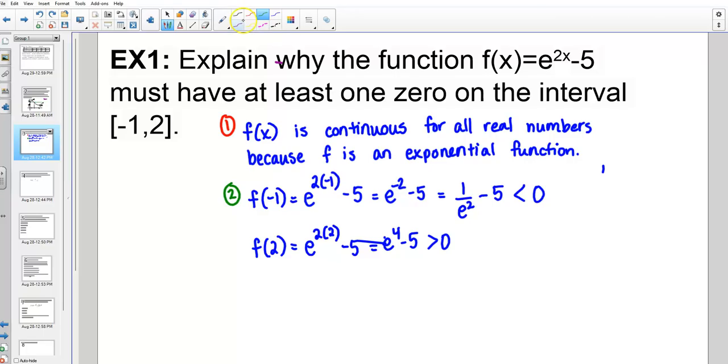Your third step right here is going to be to say that zero is between these two values, right? So which one of these was negative, f of negative 1 or f of 2? F of negative 1 was our negative one, right? So we're going to say f of negative 1 is less than 0, which is less than f of 2.